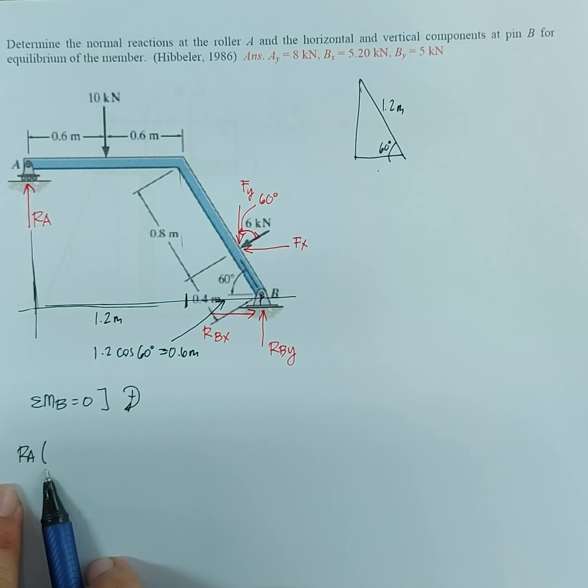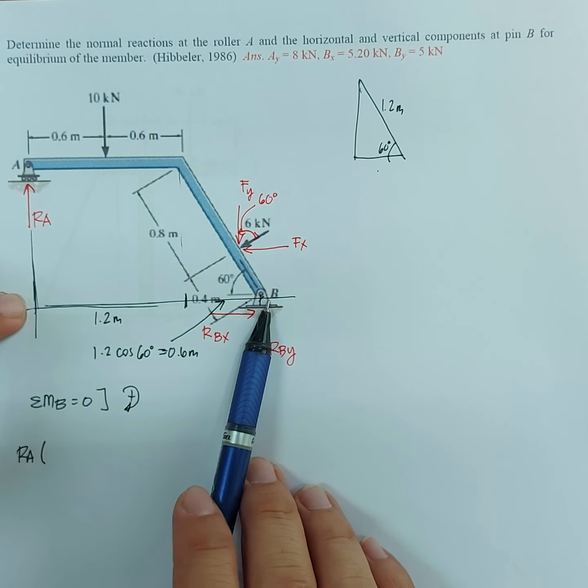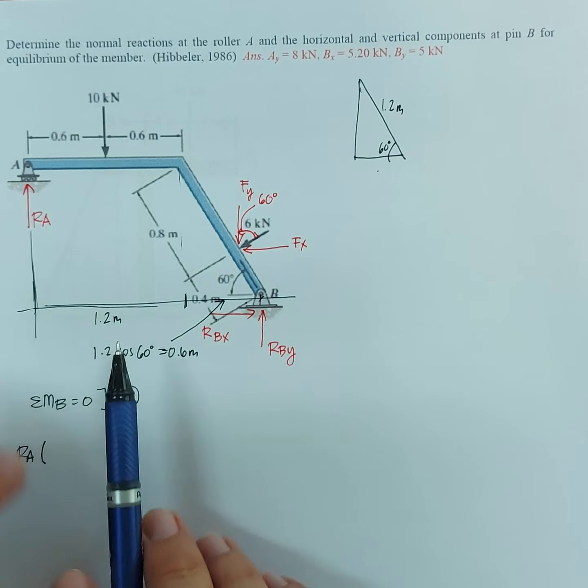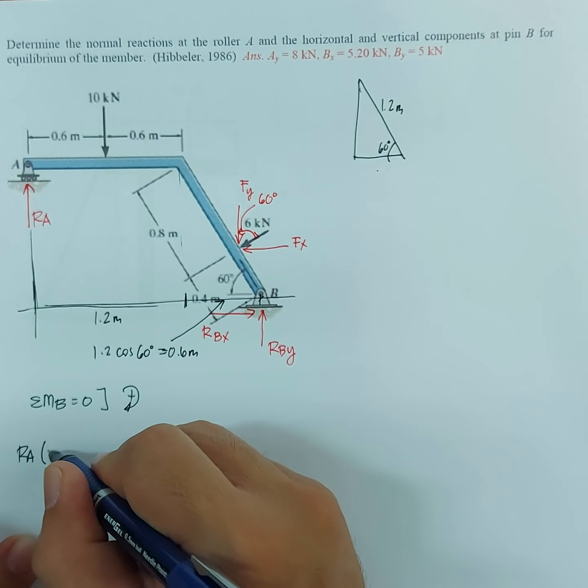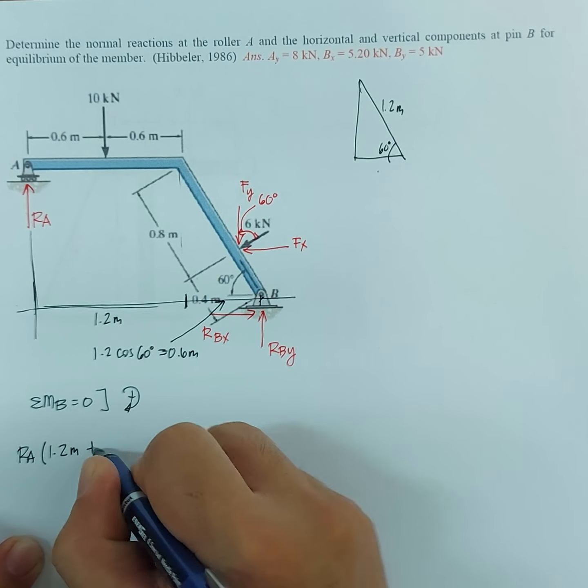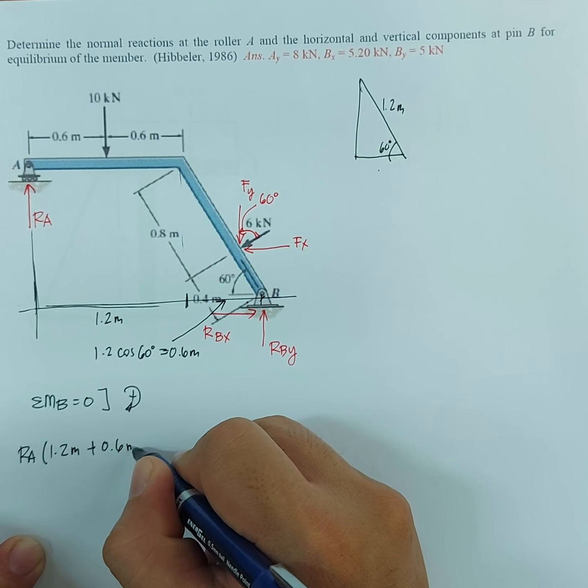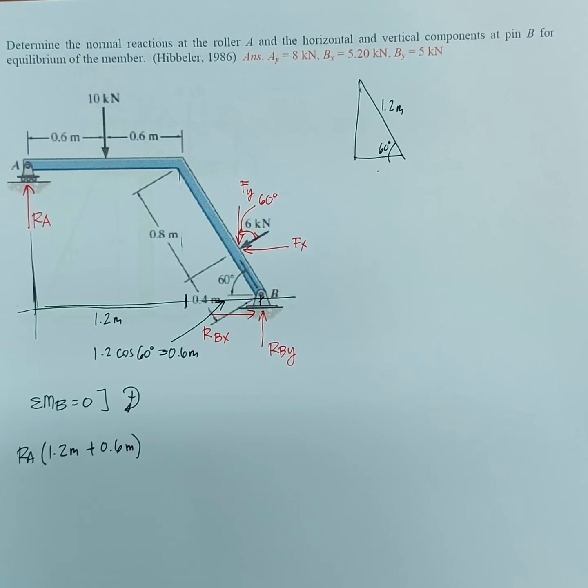So ang moment arm ng RA relative to point B is 1.2 plus 0.6 meters. Ayan. Okay, next.